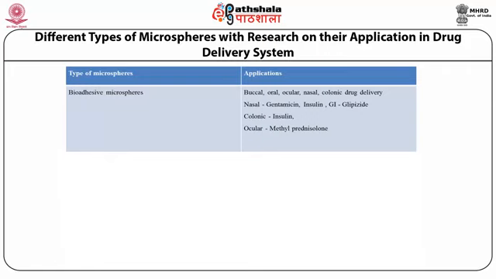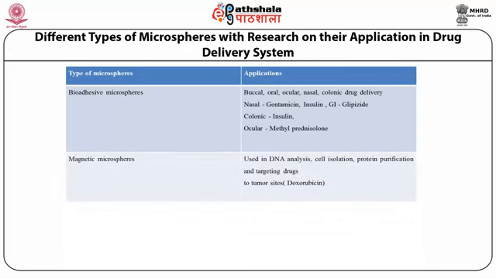Examples of nasal drug delivery include gentamicin and insulin, whereas an example of GI drug delivery is glipizide. An example of colonic drug delivery is insulin, and an example of ocular drug delivery is methylprednisolone.